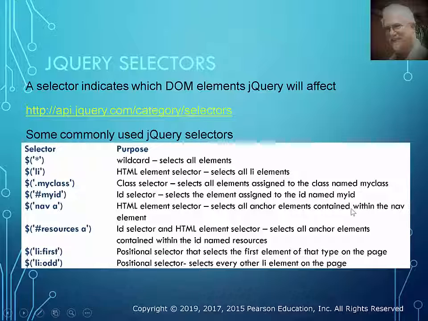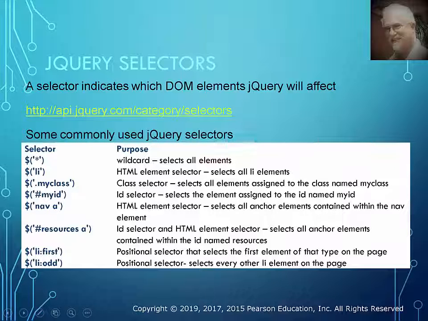Selectors: basically anything you can do in cascading style sheets, you can access and manipulate in jQuery. You can use an asterisk as a wildcard. You can do any kind of HTML elements, any kind of classes, any IDs, contextual selectors, any pseudo classes like the li first, li odd at the bottom of this list here.